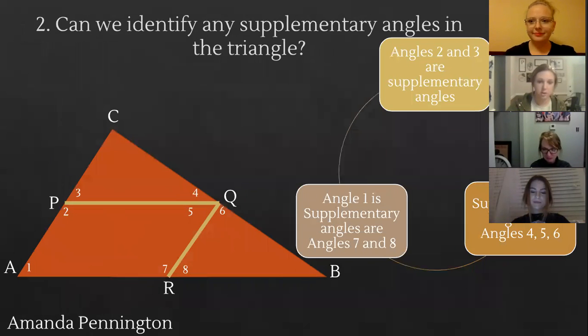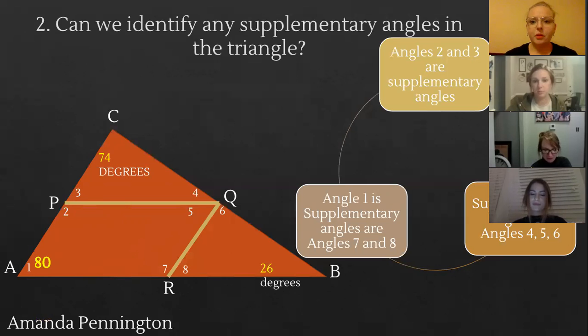Amanda, can we identify any supplementary angles in this triangle? Yes, we can, because supplementary angles we know have to add up to 180. And so when we look at all the degrees that are added, we know, for example, angle 2 and 3, that angle 2 is 100 degrees and angle 3 is 80 degrees.